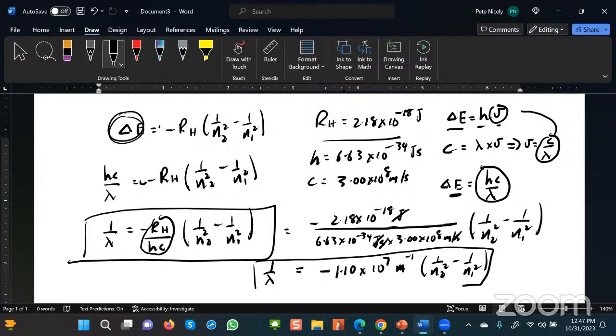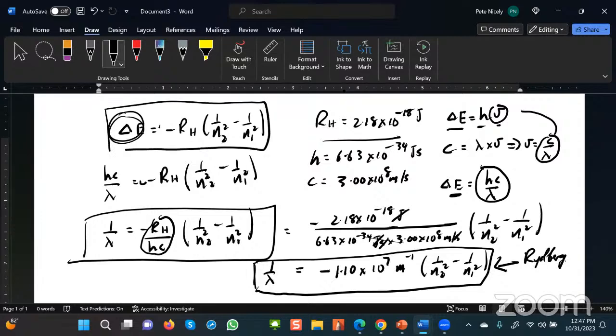Now, why am I going through all this? The reason is that in some textbooks, and I think this is true for your textbook, this is the equation which is given as the Rydberg equation. In other textbooks, the other equation is given as the Rydberg equation.